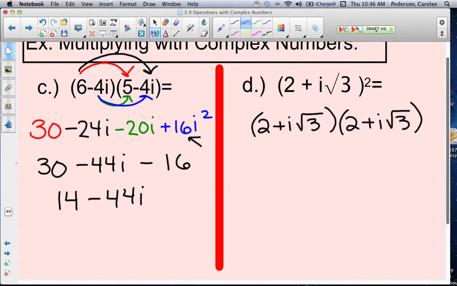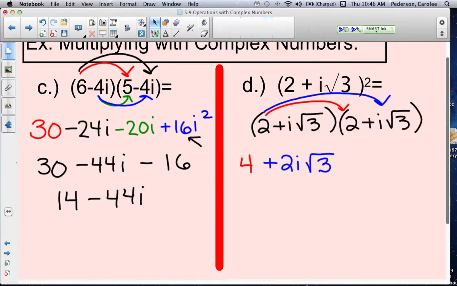So we're going to multiply 2 times 2, which is 4. We're going to multiply 2 times i square root of 3. So we get 2i square root of 3. Then we multiply i square root of 3 times 2.